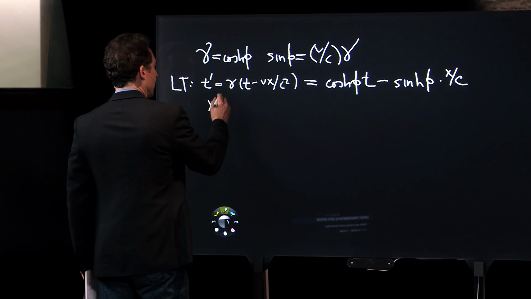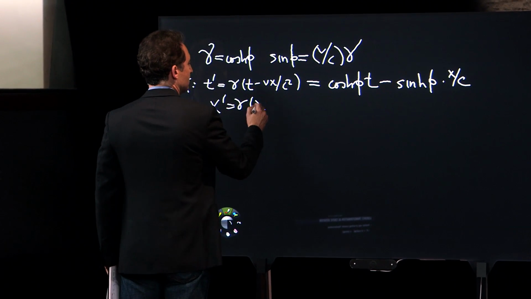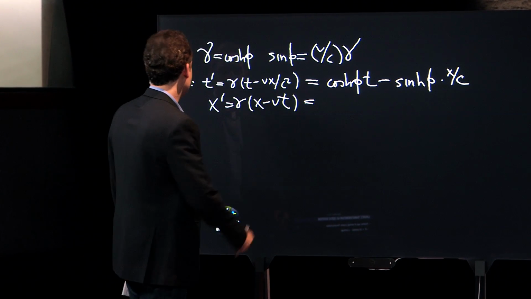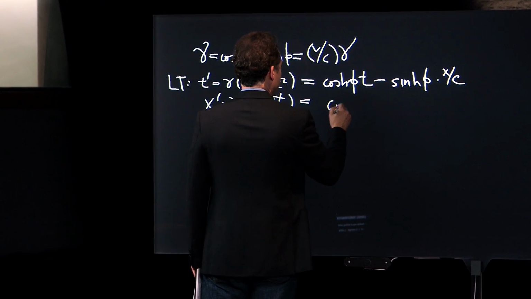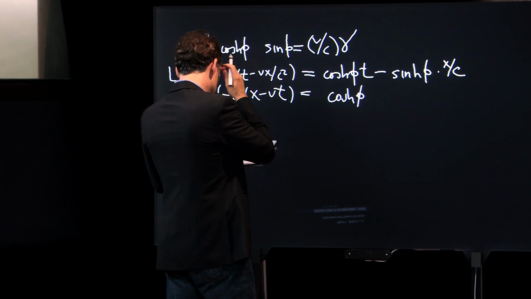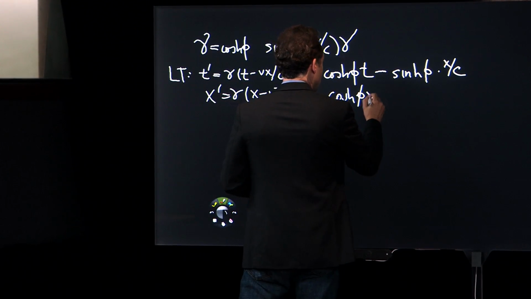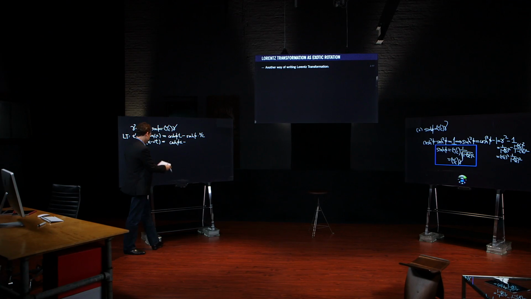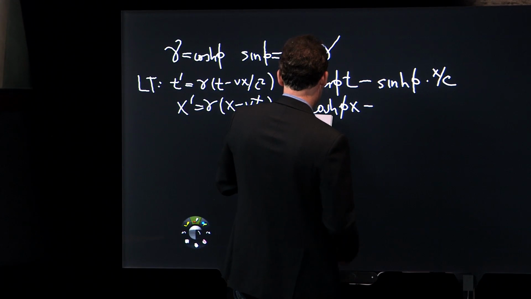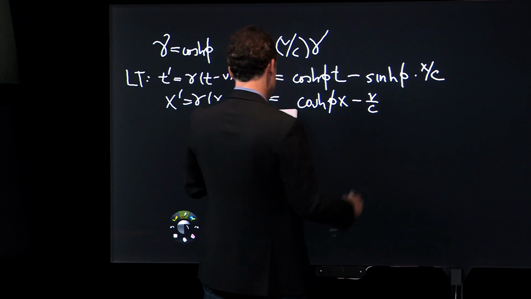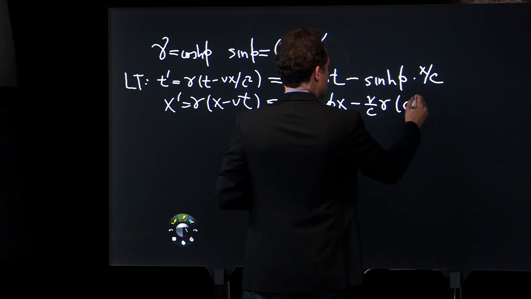What about the other half? x prime is equal to gamma times (x minus vt). Well, we can plug in for gamma, cosh phi, here as well. So we get a cosh phi times x over here. What's the next term? Well, we have a gamma v. We know that gamma v equals c sinh phi. So let's write this guy as the second term just for the heck of it, v over c gamma times ct.